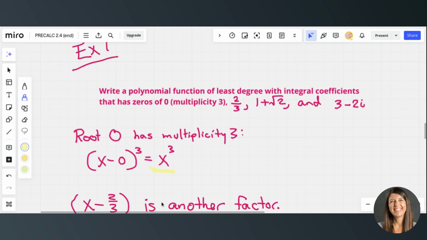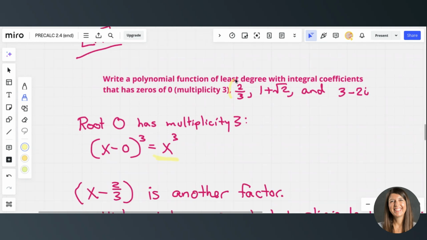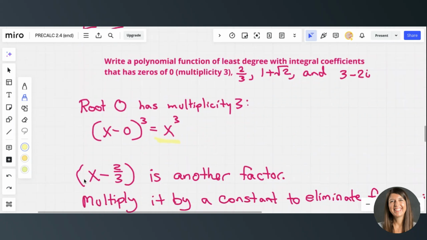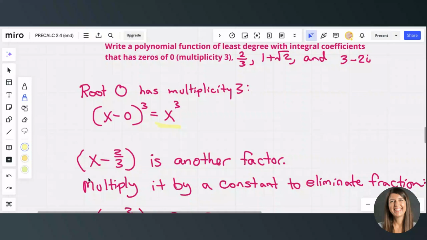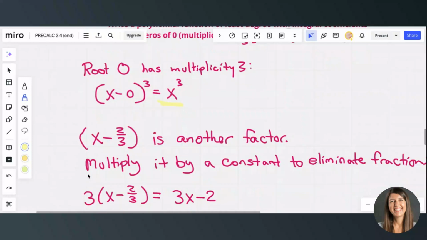So that's easiest. Let's look at the next one, 2/3. All right, so we've got a root that's 2/3. That means we're going to have a factor, x minus 2/3 is another factor. So we've got one factor that's associated with the root 0. We've got another factor that's associated with 2/3. But if you look here at x minus 2/3, it's like nails on a chalkboard to math students.